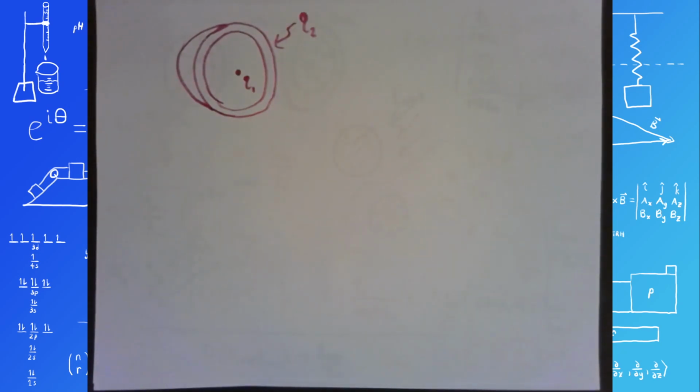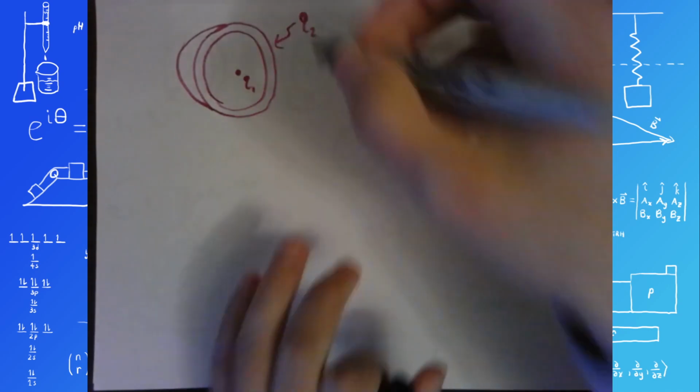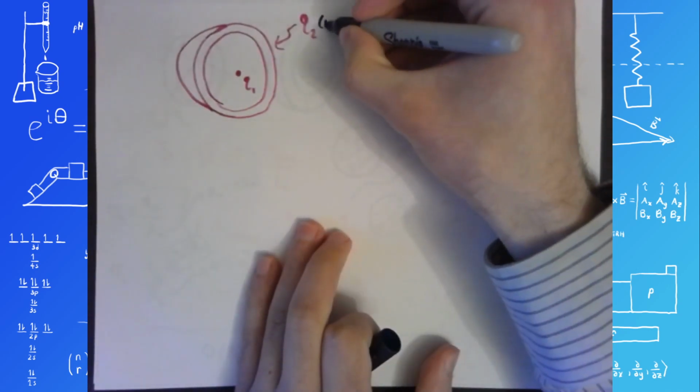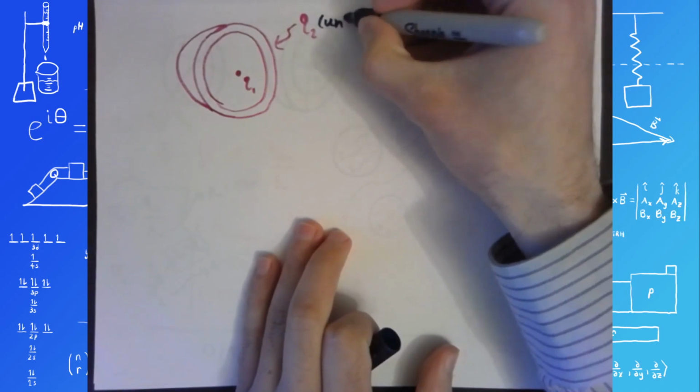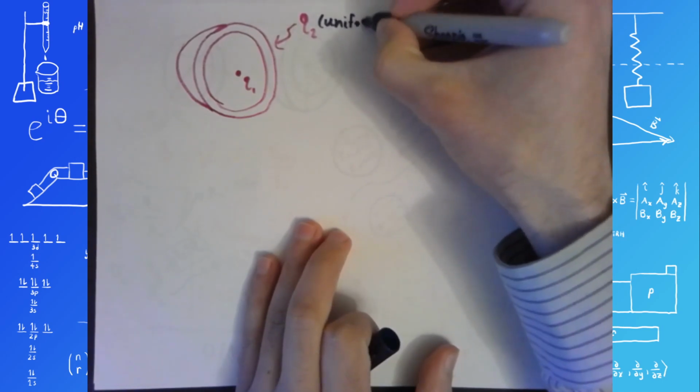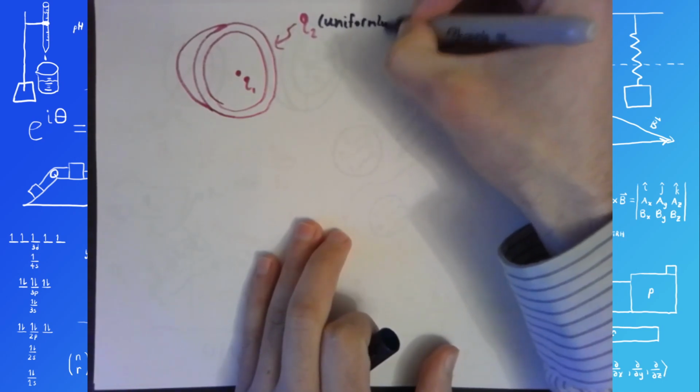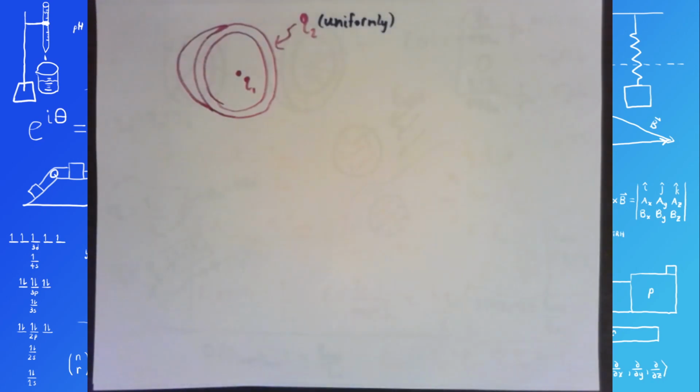And let's say that this thing is uniformly charged. So this charge Q2 is uniformly distributed throughout the spherical shell. And let's do the same things we were doing last time. Let's find the electric field in all regions of interest.